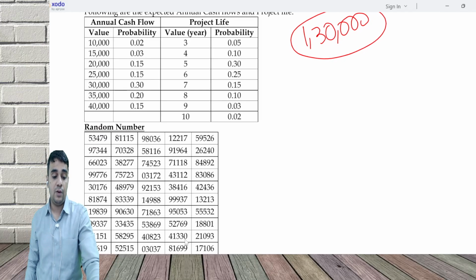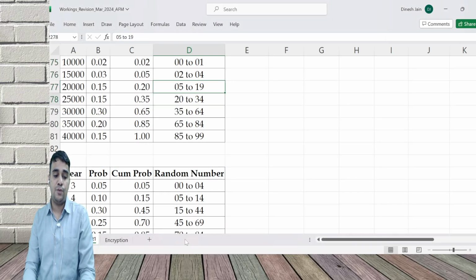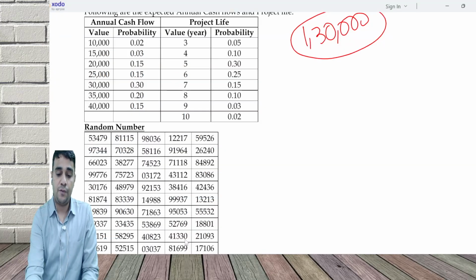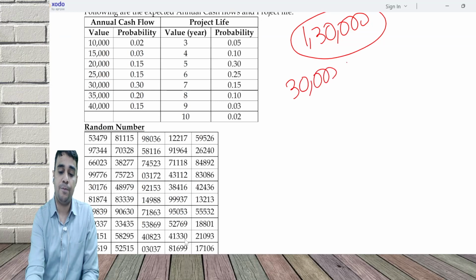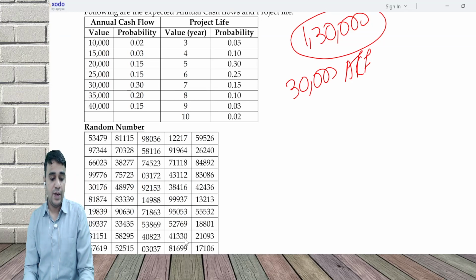You may start with, I think ICAI has done 53 as the first number picked. 53 is for cash flow. Tell me, 53 is the number, what is the cash flow? Look at your table. If 53 is the random number, what is the cash flow? So first experiment 30,000 is the cash flow. Second number 97, what is the life?